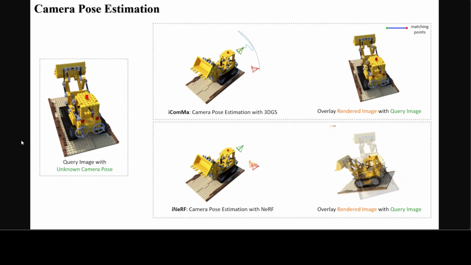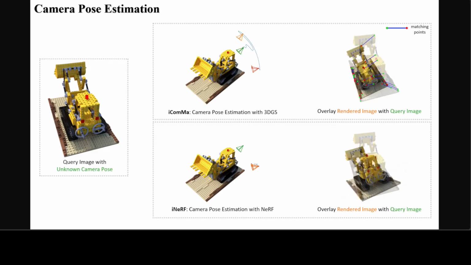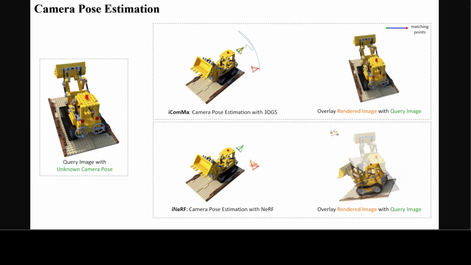The gradient information inherent in the differences between the query image and the rendered image, which are overlaid in this above figure as you can see, with a higher degree of overlap indicating more accurate pose estimation, is utilized for iteratively optimizing the camera pose.